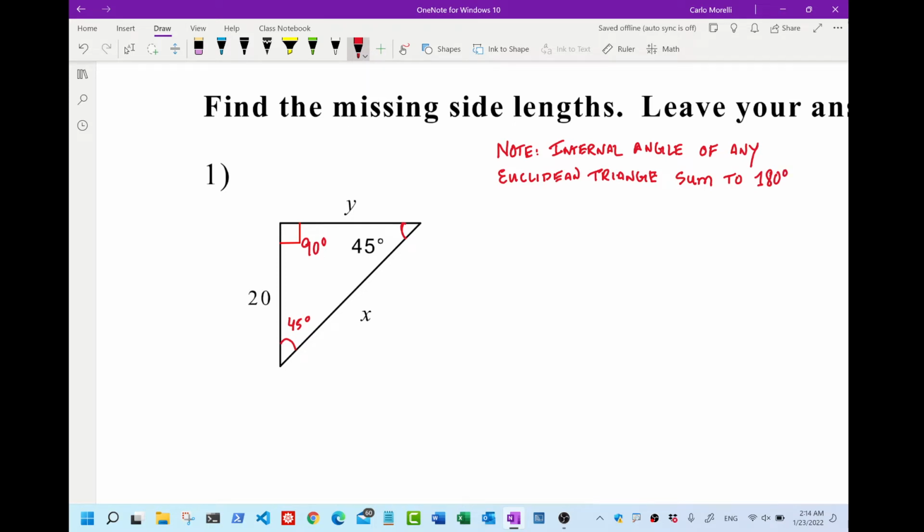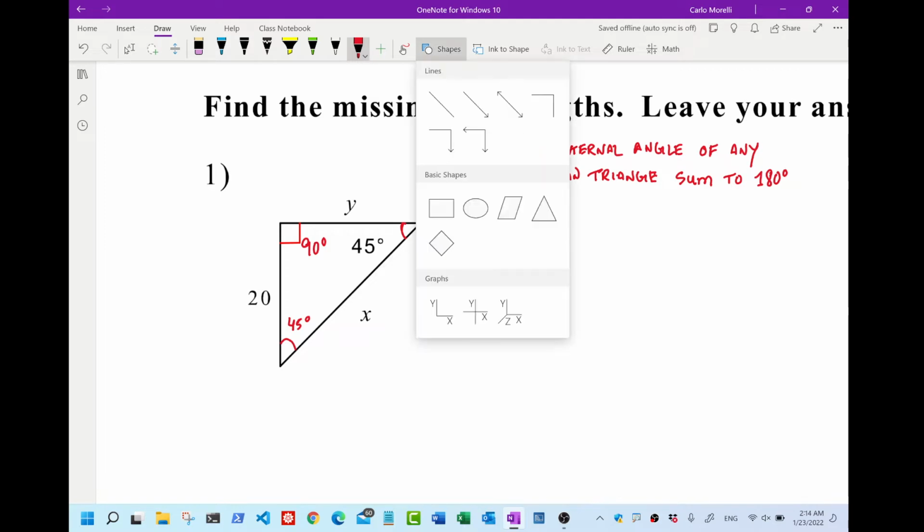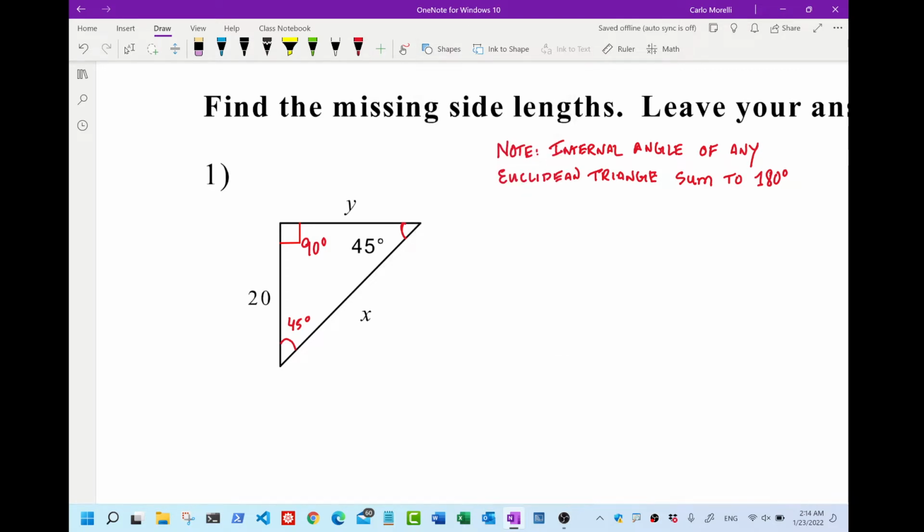This can be pretty easily demonstrated by examining exactly what a triangle is.